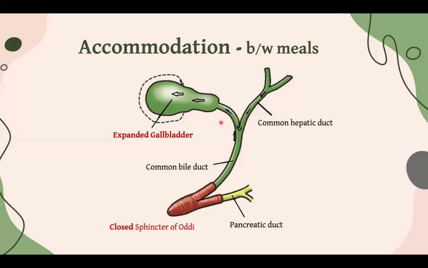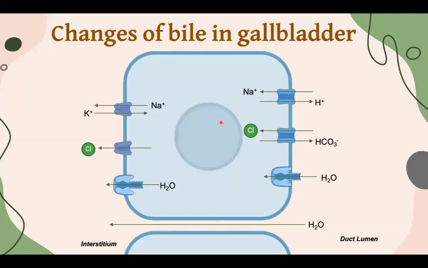While it's in the gallbladder, certain changes happen to the bile. The gallbladder tries to make the bile more concentrated. How does it do that? If you want something more concentrated, you remove water from it, and when you remove ions from a lumen, the water follows. Let's look at how that happens. We have certain proteins on the surface called sodium-hydrogen exchangers.